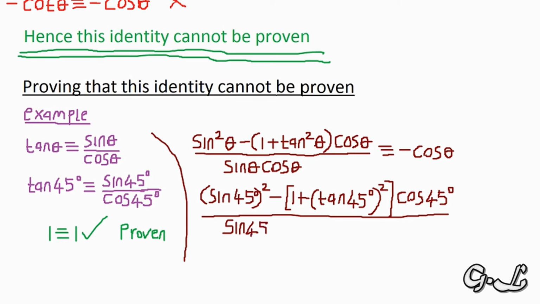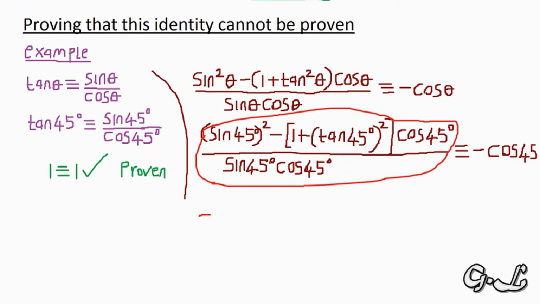So sine 45 degrees cos 45 degrees, and the value you get on the left hand side should be equivalent to the value that you get on the right hand side. So this should be equivalent to negative cos 45 degrees.